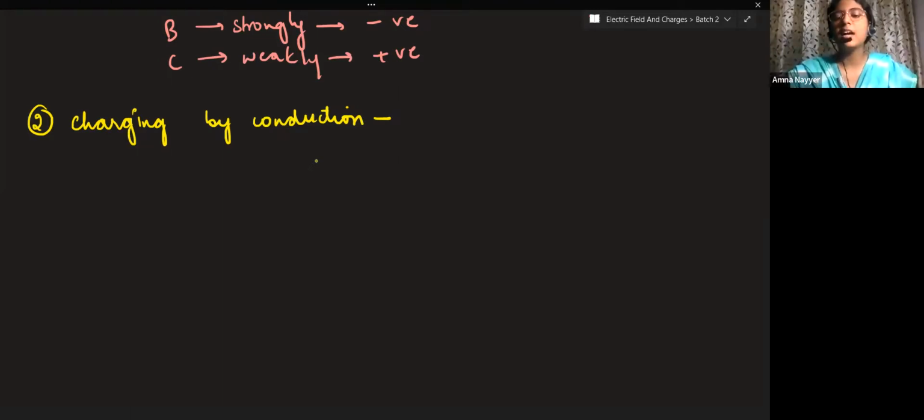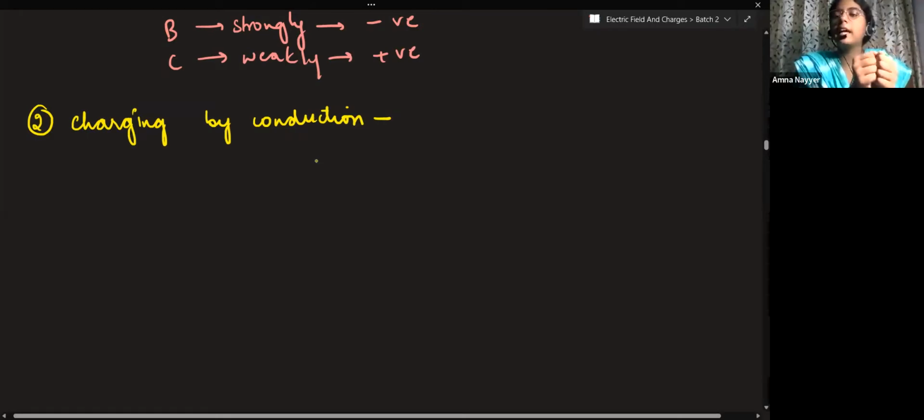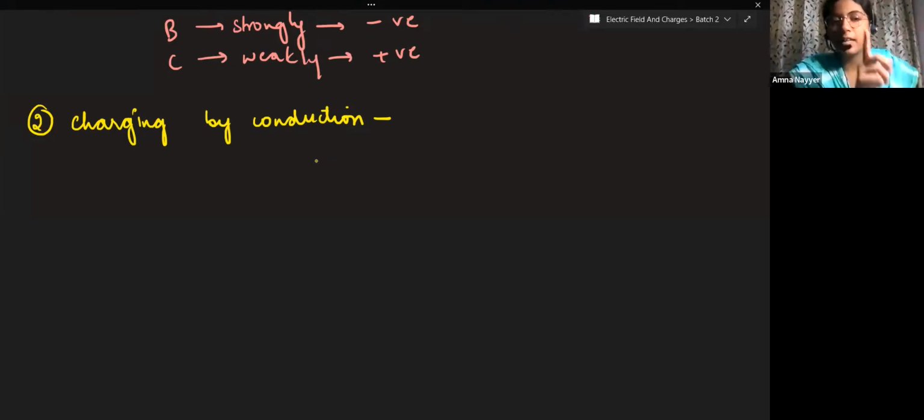In charging by conduction, if an uncharged body is kept in contact with the charged body, just a contact is made. The bodies aren't rubbed. Simple mere contact is made between those two bodies. Then whatever electron transfer occurs, we say it has occurred due to charging by conduction.